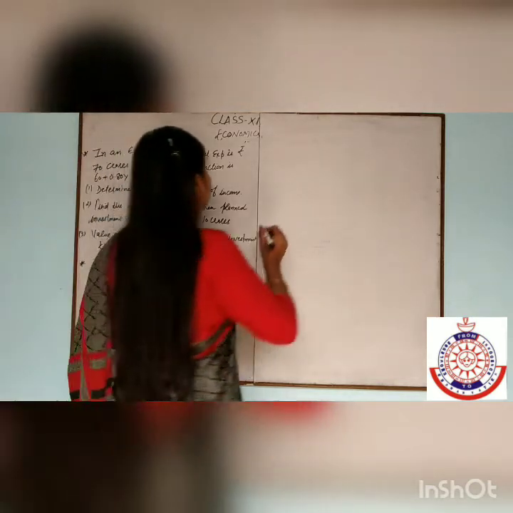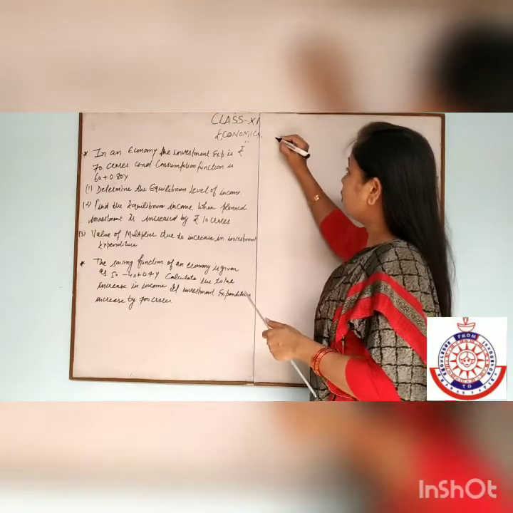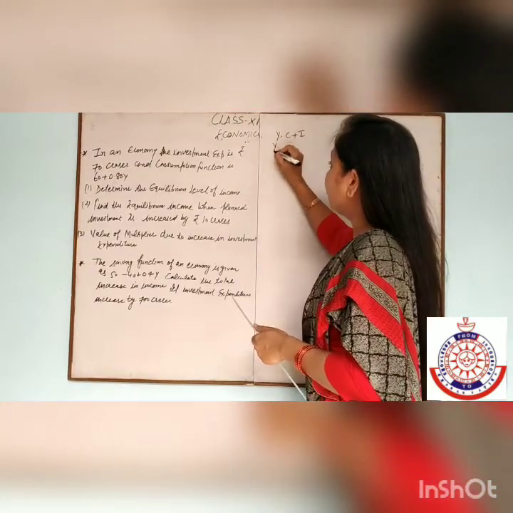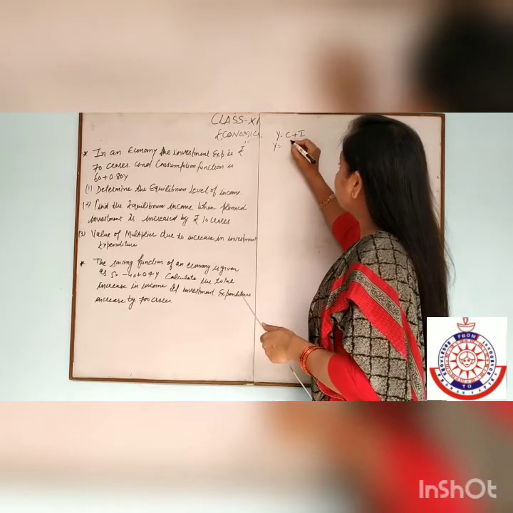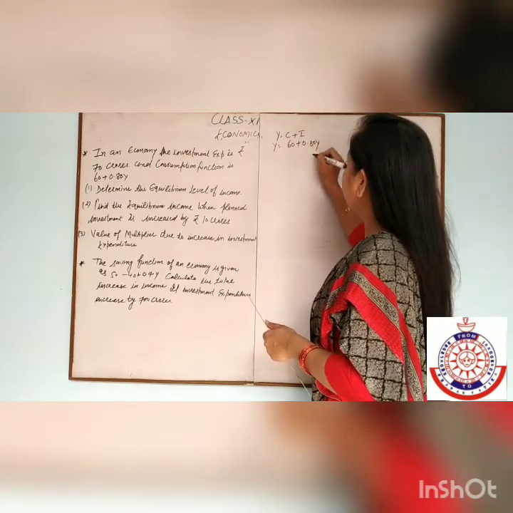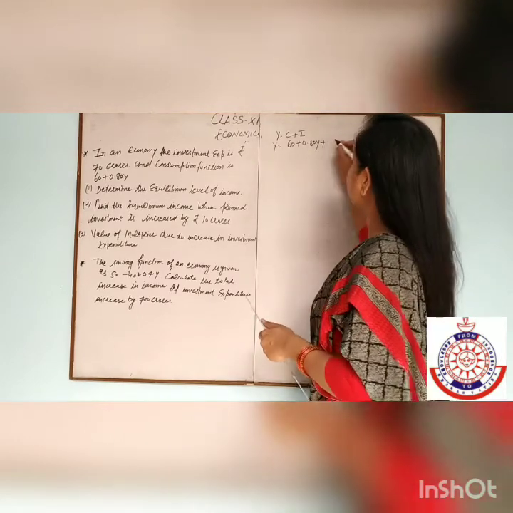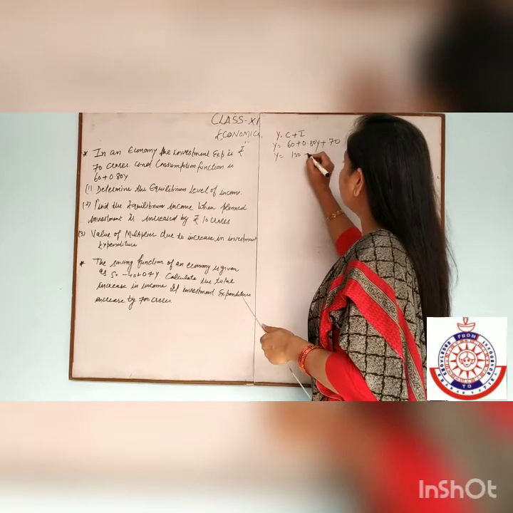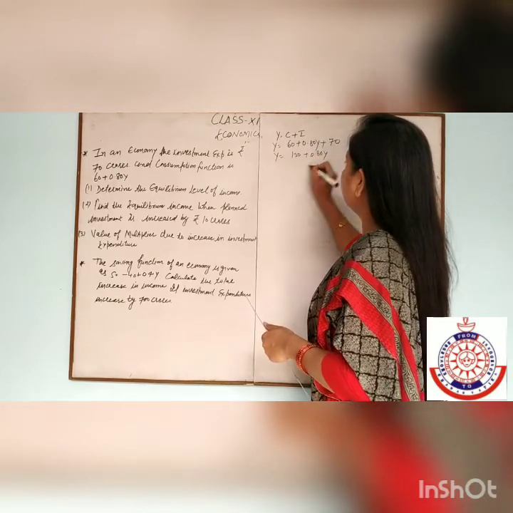See, you know, at the equilibrium level, Y is equal to C plus I, and C is given 60 plus 0.80y and investment is given 70 crore. Then Y is equal to 130 plus 0.8y.